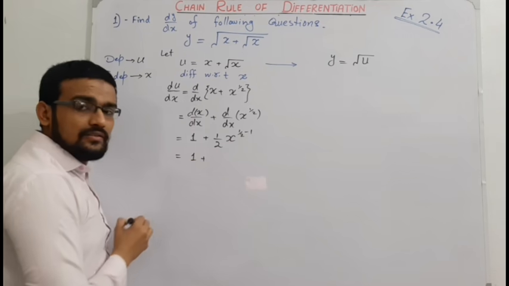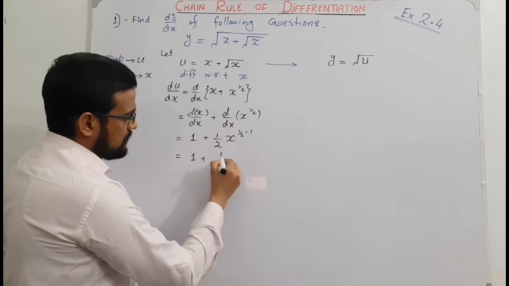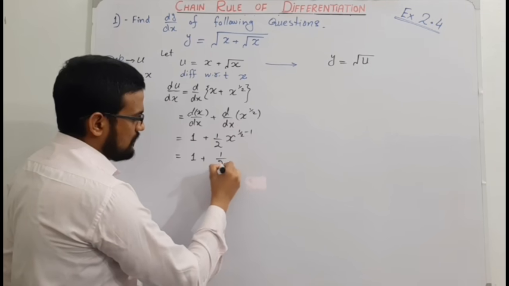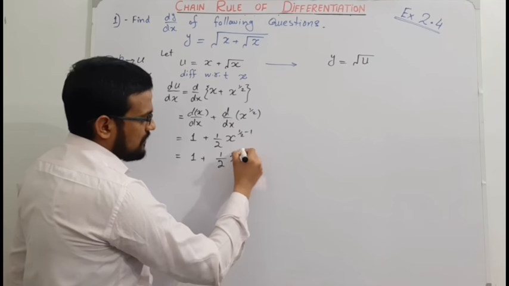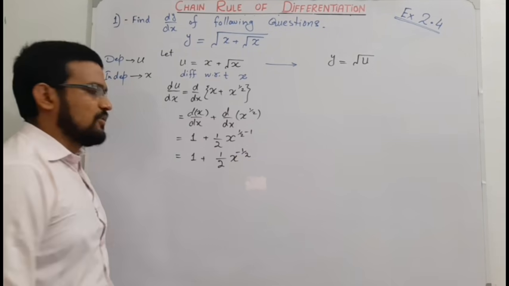So it means 1 by 2 x raised to power minus 1 by 2.